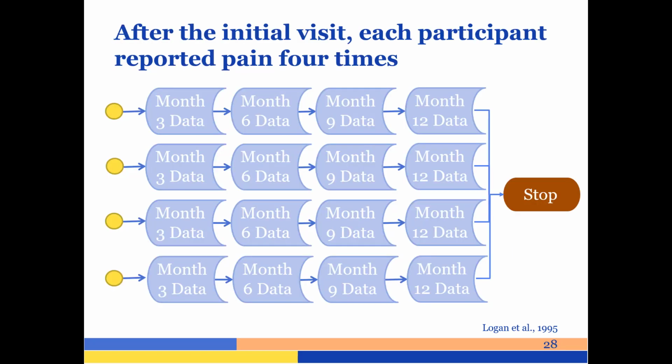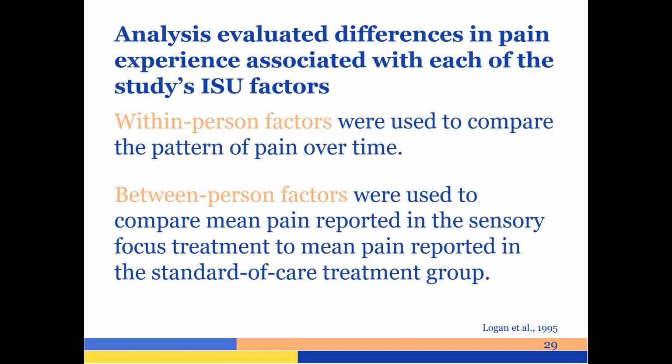The flowchart looks the same as the observational longitudinal study because both studies include the same within factor of time, where each participant reports their pain at 3, 6, 9, and 12 months following the procedure. As we just talked about, the within factor here is time and allowed researchers to compare the pattern of pain over time.